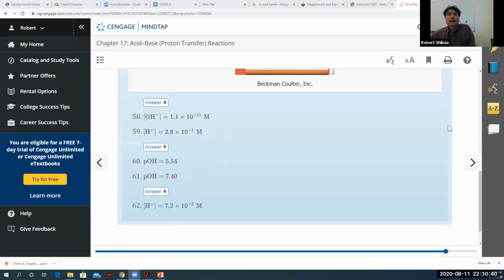All right, here we're given the hydrogen ion concentration, so we can calculate the pH for this one. Probably do that first. For pH, we're going to have to use a calculator. It's only when the coefficient's 1 that we can do it in our head, but it's going to be negative log of 2.8 times 10 to the minus 1.